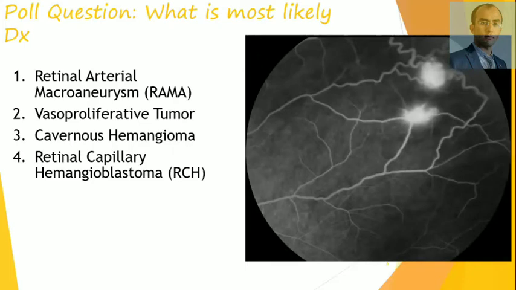You can quickly go for the most likely diagnosis through the poll, selecting the most likely diagnosis for this fluorescein angiogram and clinical picture of this patient.